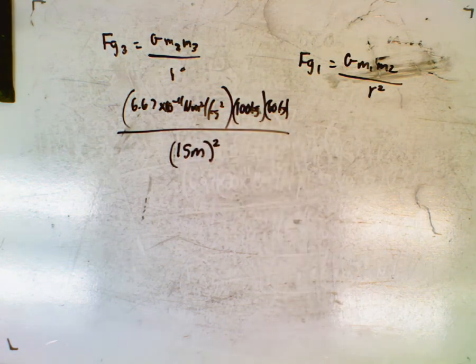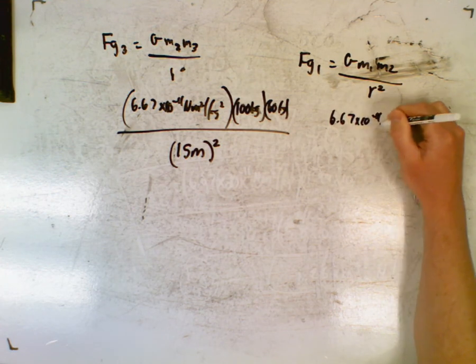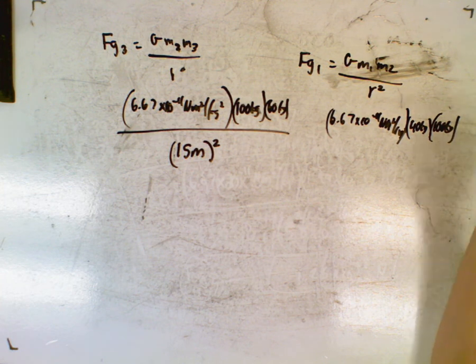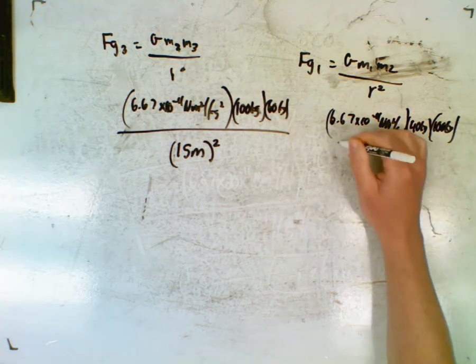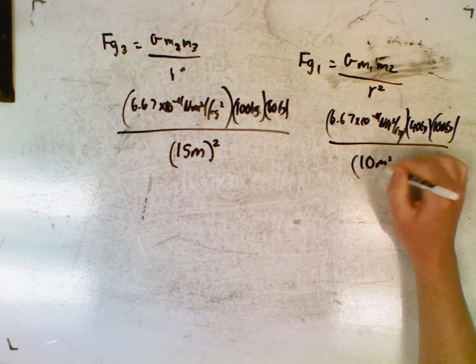And we have to square that. The other one is 6.67 times 10 to the negative 11. And mass 1 is 40 kilograms. And I want to find the attraction between the 40 kilogram mass and the 100 kilogram mass. The radius between those two is 10 meters squared.